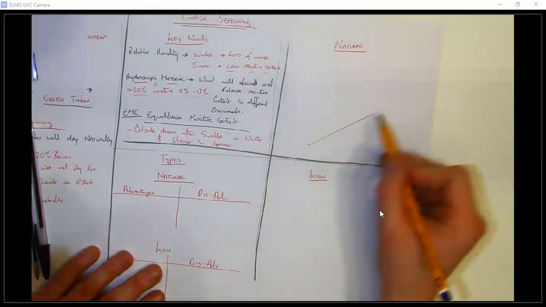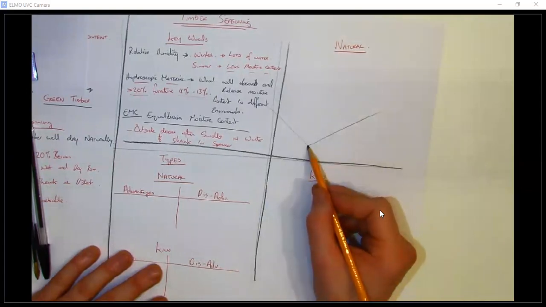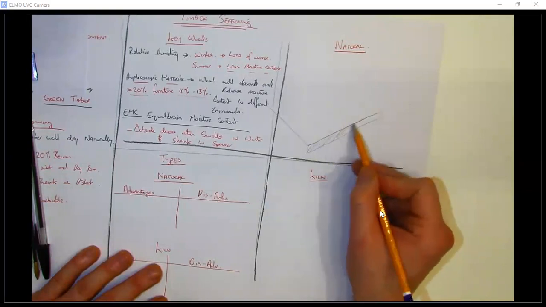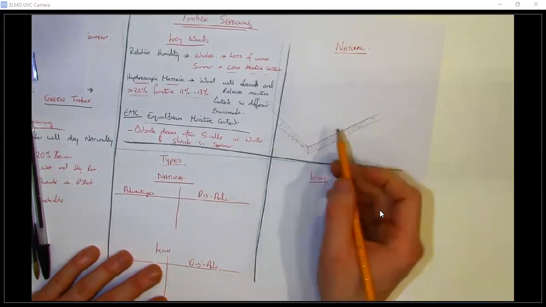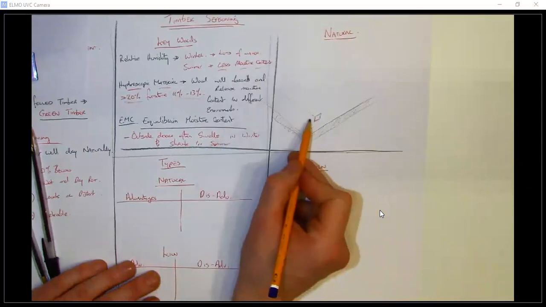So if we say this is the ground here, it's usually, guys, kept up off of the ground. We'll just say this is outside and it's out in grass. With natural air seasoning, guys, we're going to put blocks underneath the timber, so that the timber is kept up off the ground.